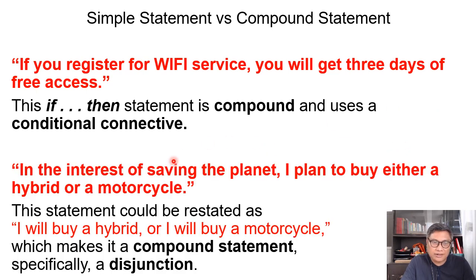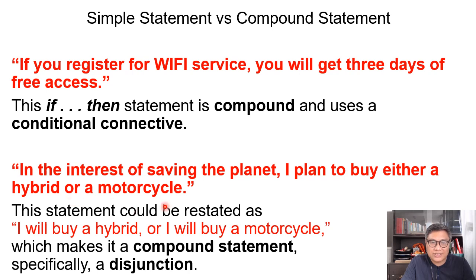Another one: in the interest of saving the planet, I plan to buy either a hybrid or a motorcycle. Here we see a connective using the word or. This is an indication, class, that it is a compound statement. In particular, this is a disjunction because it made use of the connective or.